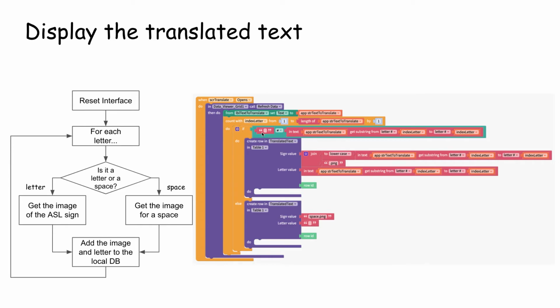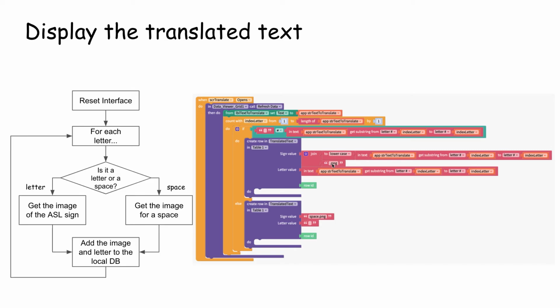And here's where we check if it's not a space, so we know it's a letter, then we go here. If it is a space, then we'll insert the space.png image, and the letter value is space. So up here, what we're doing is taking the one letter and adding .png to it.